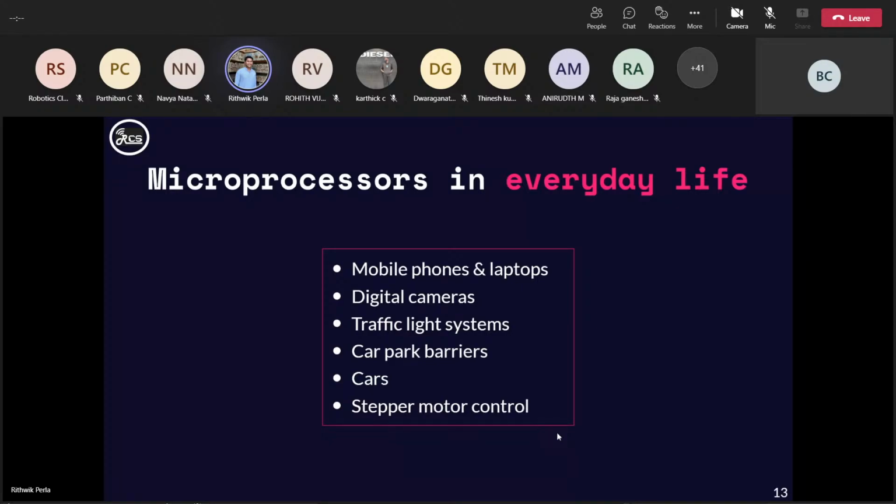These stepper motors get their processing from microprocessors. Stepper motors are used in 3D printers, DVD drives, CD-ROMs, then entire audio systems, like where you put a DVD, or tape recorders.